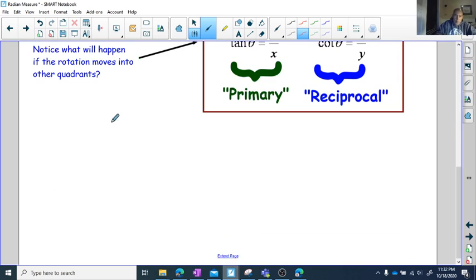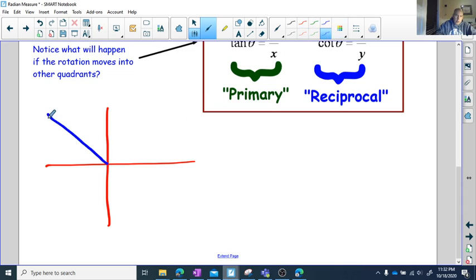Now, how does this play out if my angle isn't in quadrant 1? Let's draw this over here. Now this is my reference angle over here. I make my triangle by drawing it down always to the x-axis.